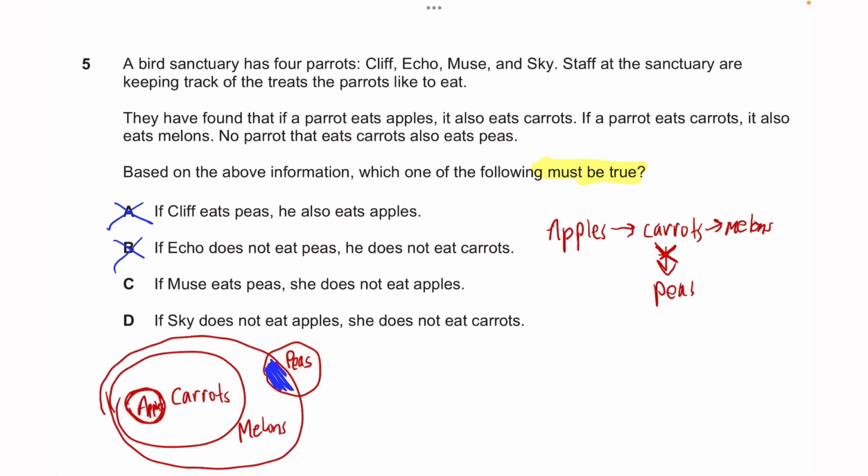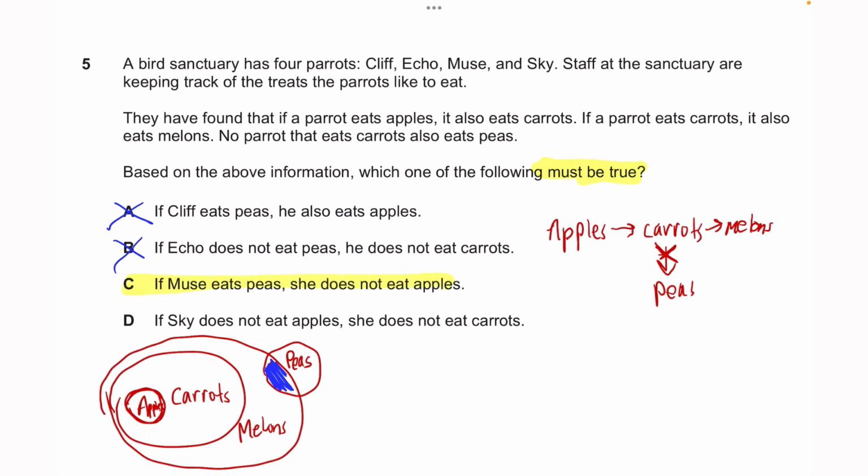Well, that actually is correct because remember, we have drawn this diagram because there's not enough information to tell us how peas is related to melons, but we do know that peas and carrots do not match together, and that means apples would not fit into that picture. And so that means that C is actually our correct answer.